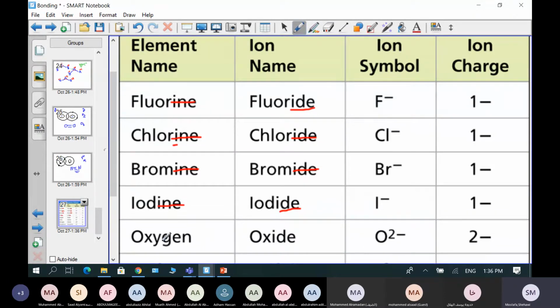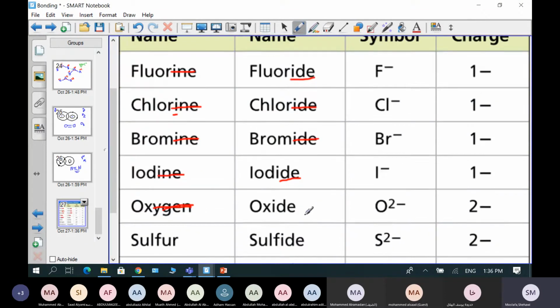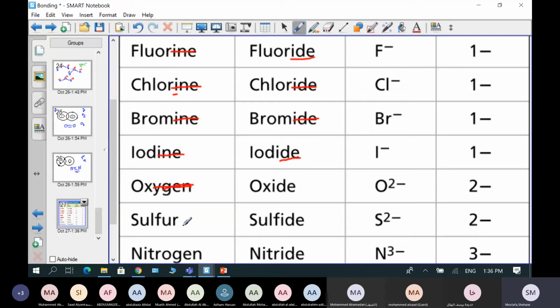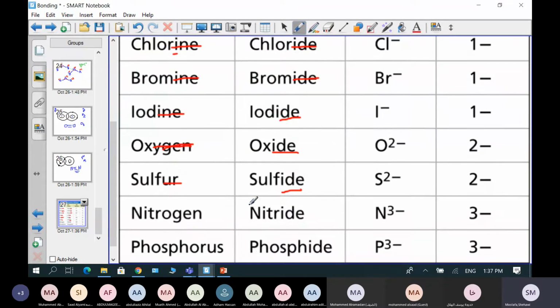Oxygen, we delete the last syllable and we have oxide. Sulfur, we delete the last syllable and we add IDE. Okay, guys. Nitrogen.